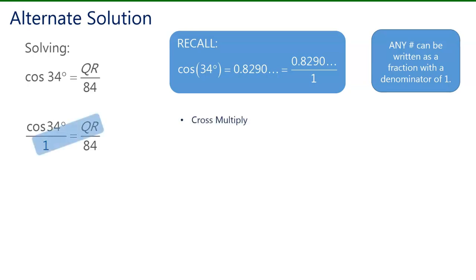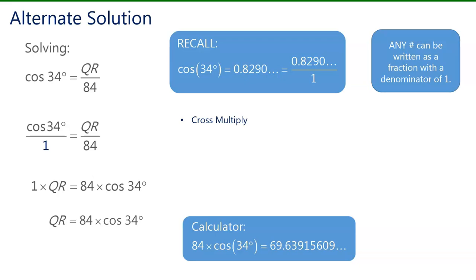We cross multiply, we get 1 times QR equals 84 times cosine 34, giving us QR equals 84 times cosine 34 degrees. Turning to our calculator, 84 times cosine 34 degrees is 69.63915609 continuing. We get QR equals 69.6 centimeters as before.